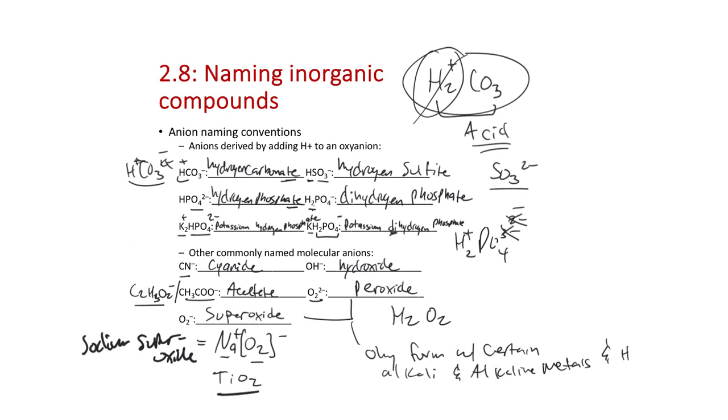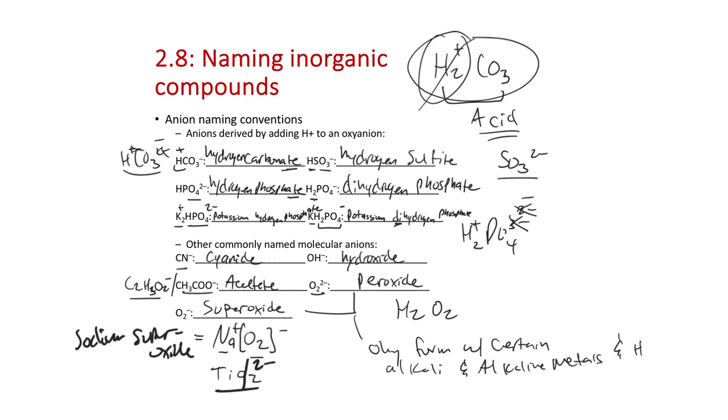When I see Ti with oxygen, I know this has to just be the O2 minus ion, that simple oxide, and I have two of them for a minus 4. So this has to be Ti4 plus, for titanium(IV) oxide. It could not be the peroxide or superoxide.